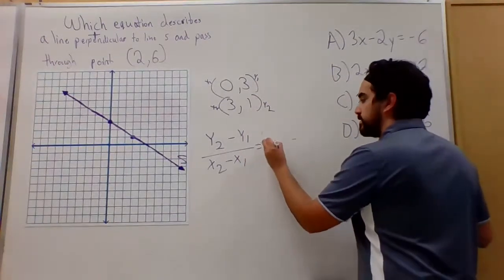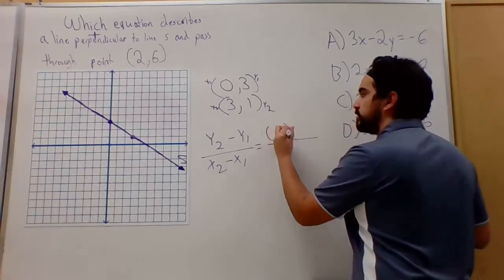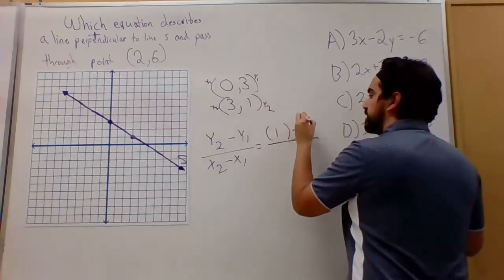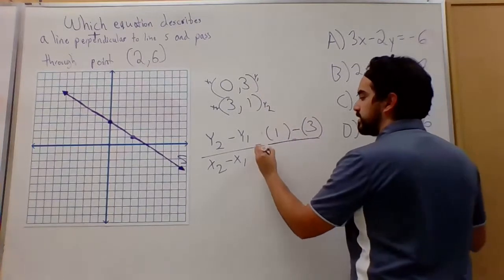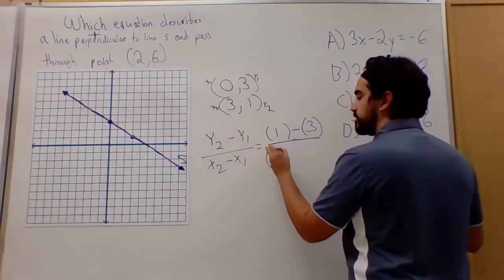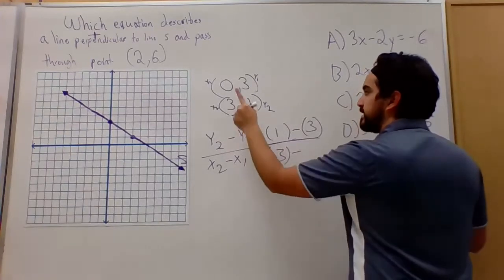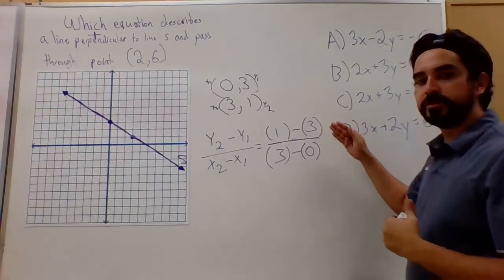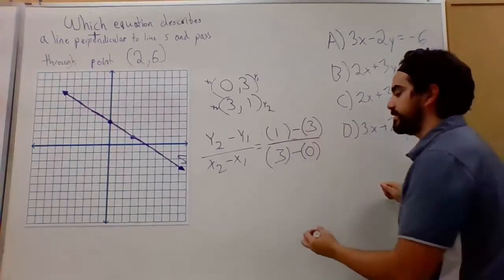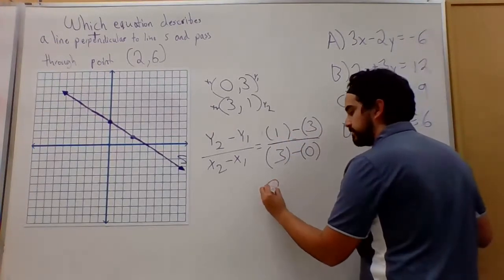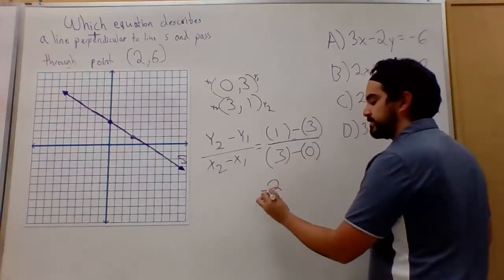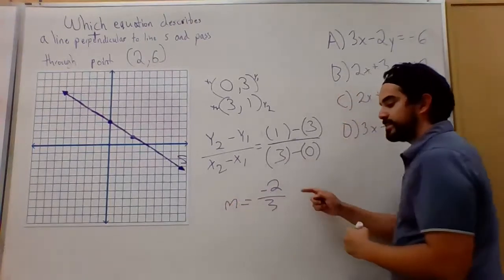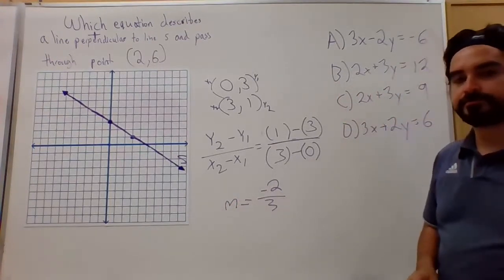So we have y2, which is 1, minus y1, which is 3, over x2, which is 3, minus x1, which is 0. So we simplify this. 1 minus 3 is negative 2. 3 minus 0 is 3. So my slope is negative 2 over 3.